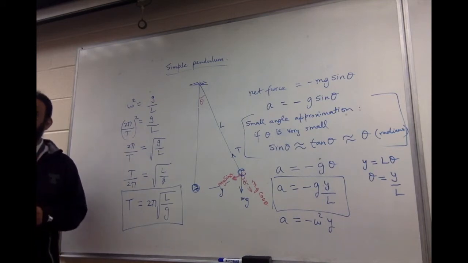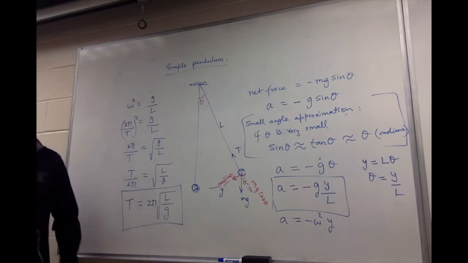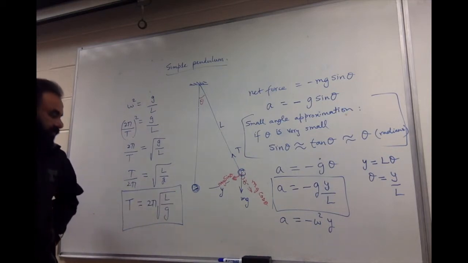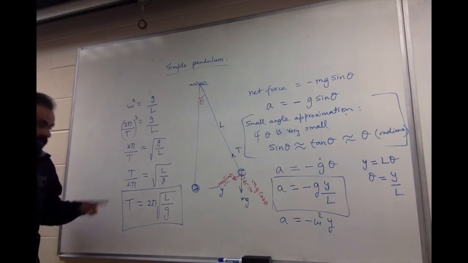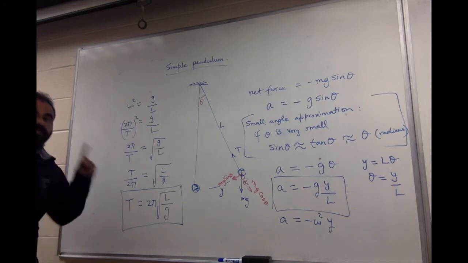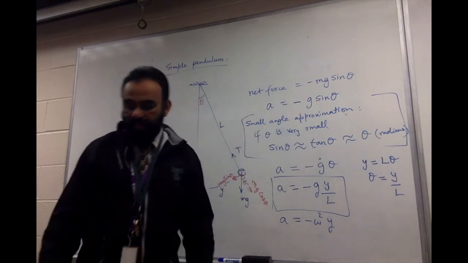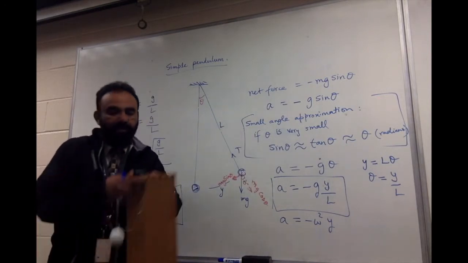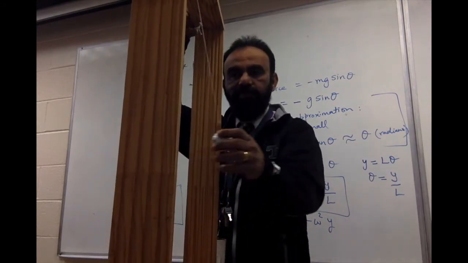How long does the pendulum take to swing once completely? That's your equation. This is assuming what? Small angles. That means when you're doing a pendulum, you are particularly told to make the oscillations small.